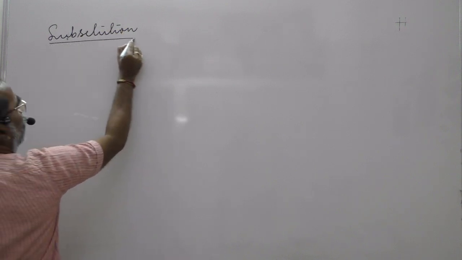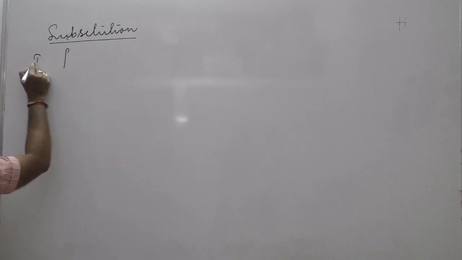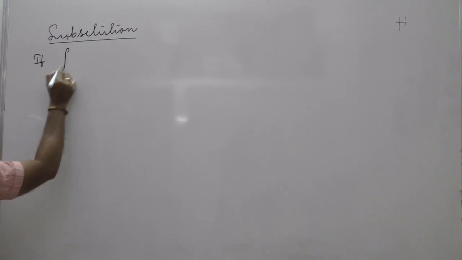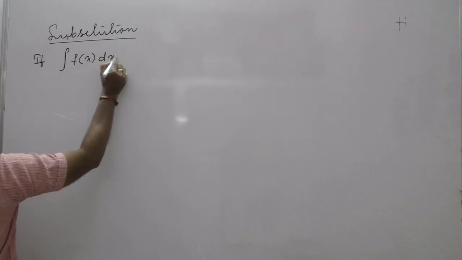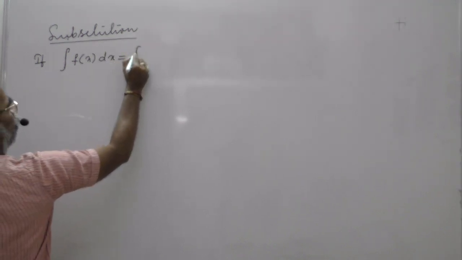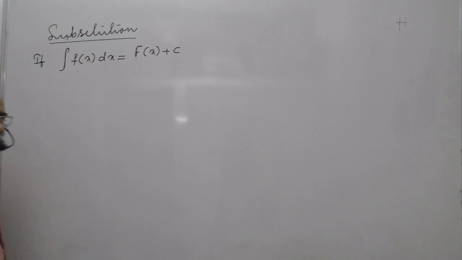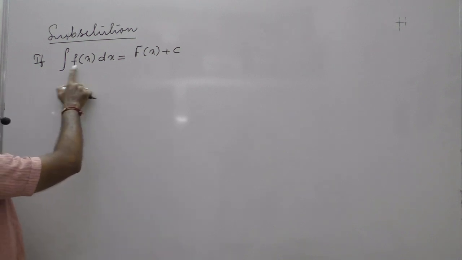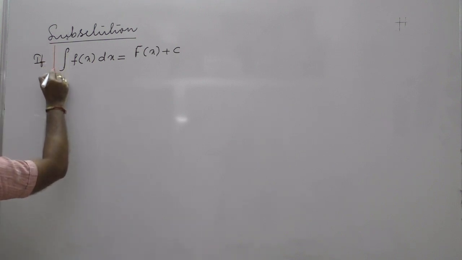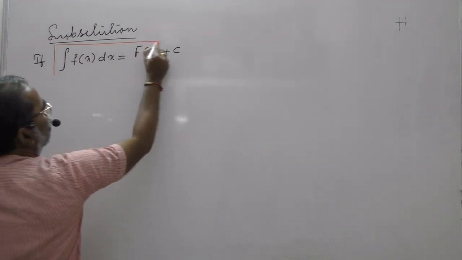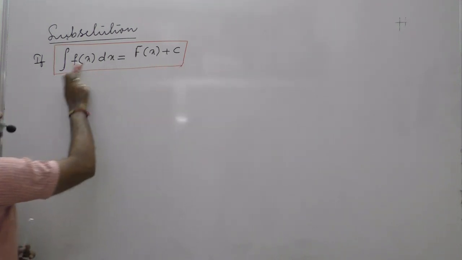Listen carefully. If the integral of a function f of x with respect to x is another function capital F of x plus c, what is this f of x?